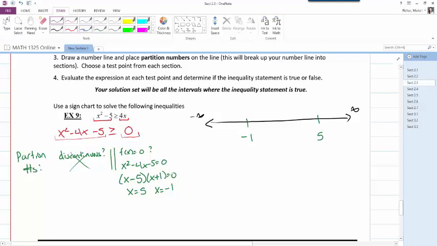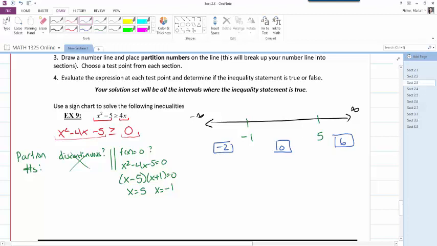And we need to choose a number in each one of the sections. So between negative infinity and negative 1, I'm going to choose the number negative 2. A number between negative 1 and 5, 0. And a number between 5 and infinity, 6. It can be any number, it just has to actually exist in that interval.